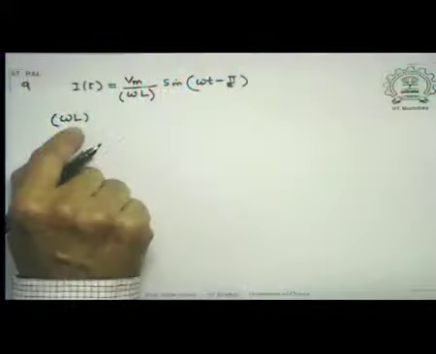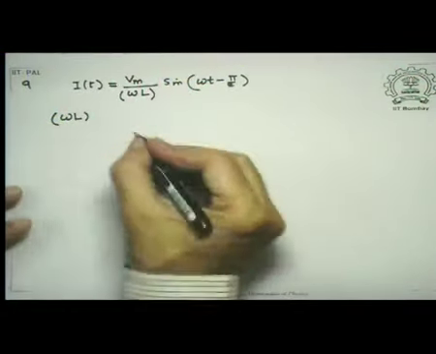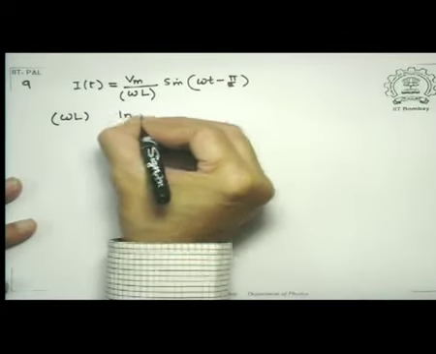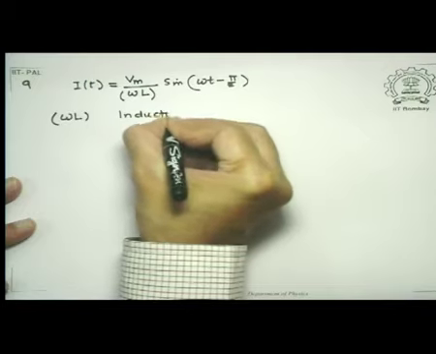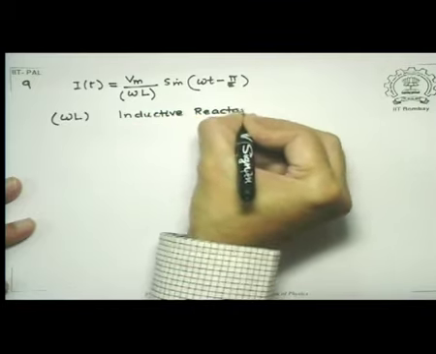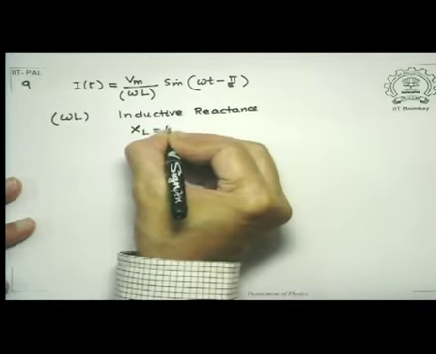This quantity depends on omega, and it's called inductive reactance, usually denoted by XL. So XL is equal to omega times L.